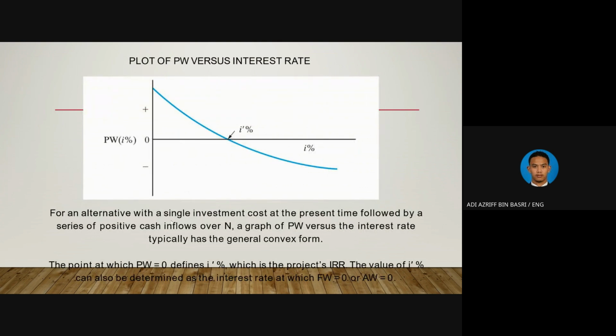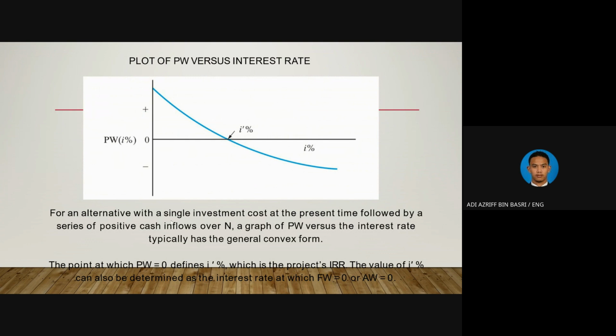Okay, if you can see this plot, it is for an alternative with a single investment cost at present time followed by a series of positive cash inflows for N years. The graph of PW versus the interest rate typically has a general convex form. If you can see, the PW is positive until one moment where the I value will be 0, and that is the break-even area, which is worth it for the investment.